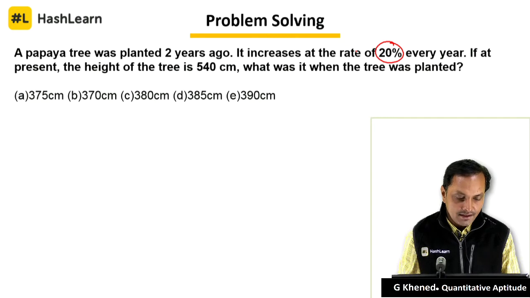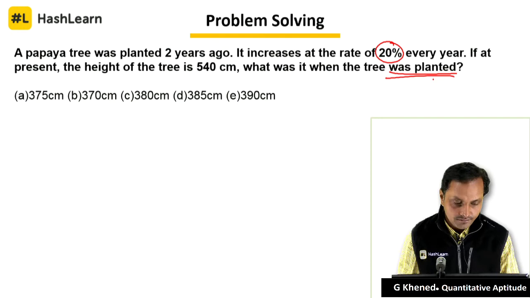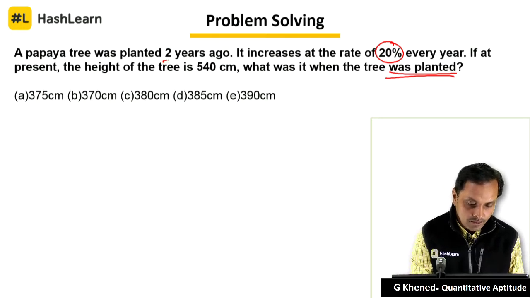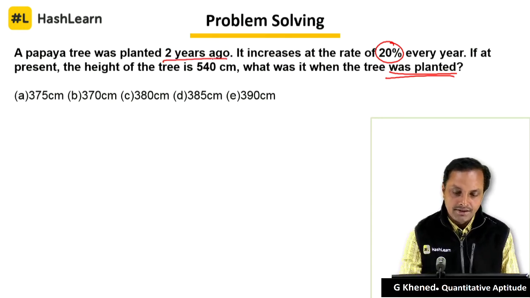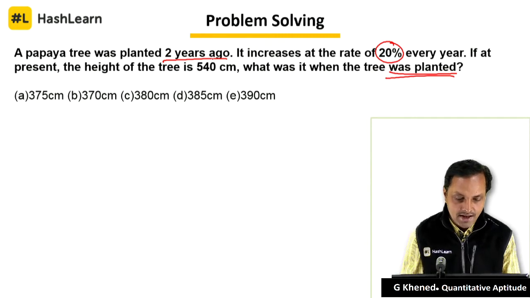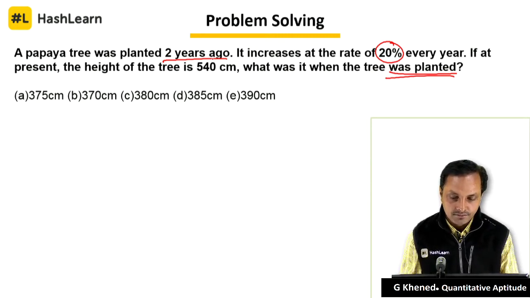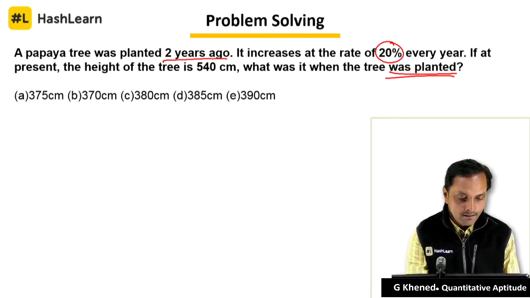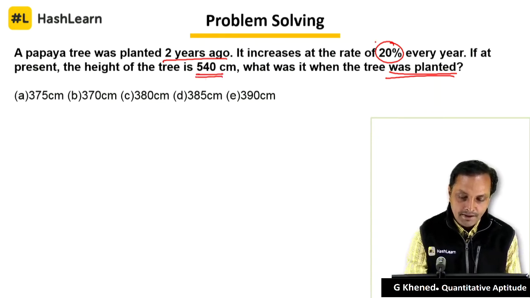If at present the height of the tree is 540 centimeters, what was the height when it was planted 2 years ago? It is increasing at the rate of 20%. As I told you, 20% is nothing but 1.2.